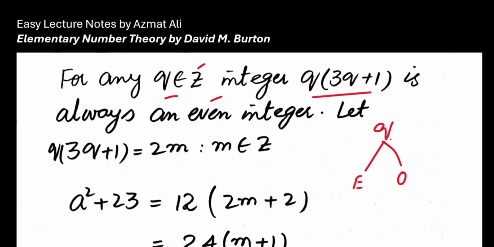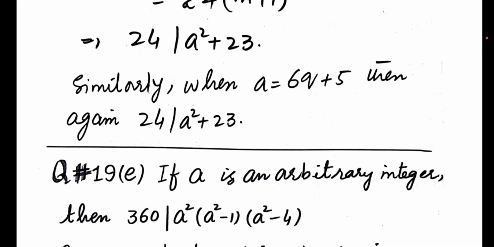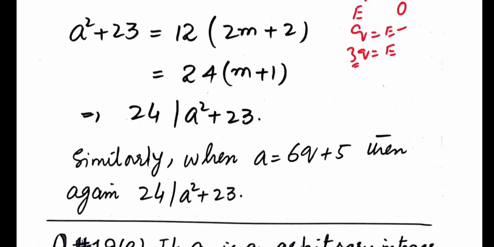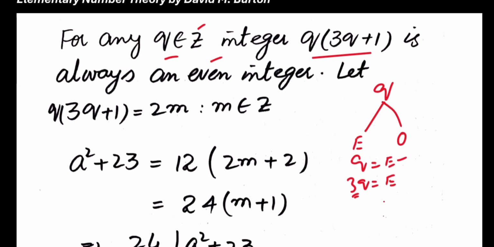If q is even, then 3 times q is also an even integer, because when you multiply an even integer with any number, 3 or 4 or any number, this will be an even integer. So 3q is an even integer. 3q plus 1 becomes even plus 1, and even plus 1 is odd.